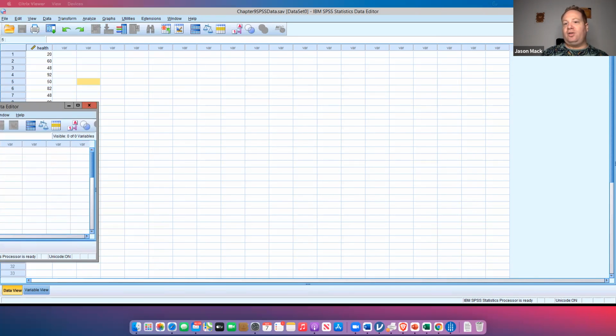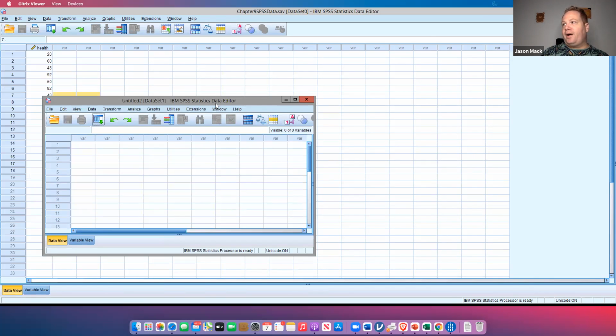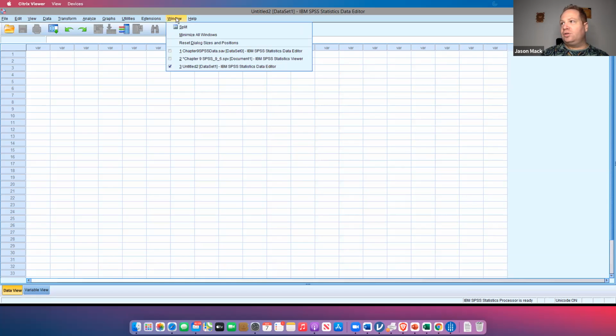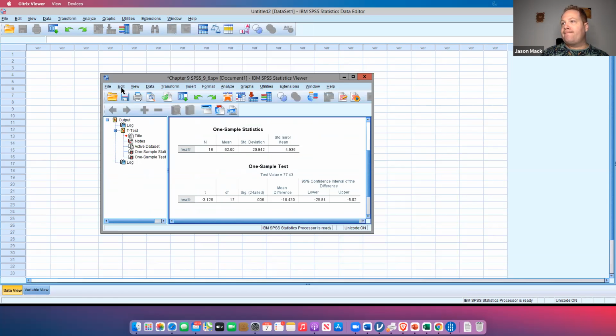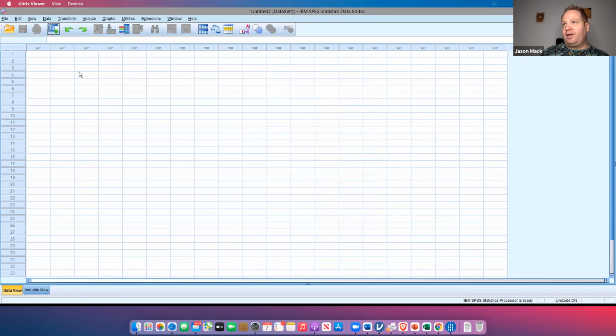Here is our brand new data file. It will probably be wise at this point to close your SPV file, just because we only want to have separate documents for submitting here. So, brand new file.